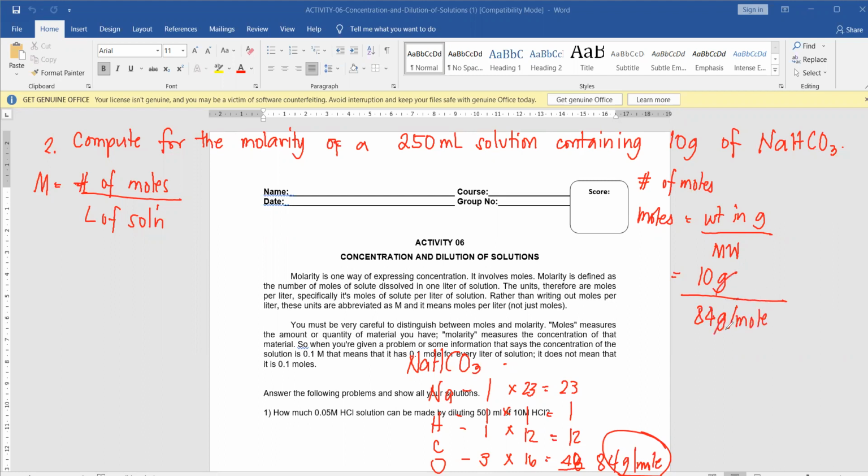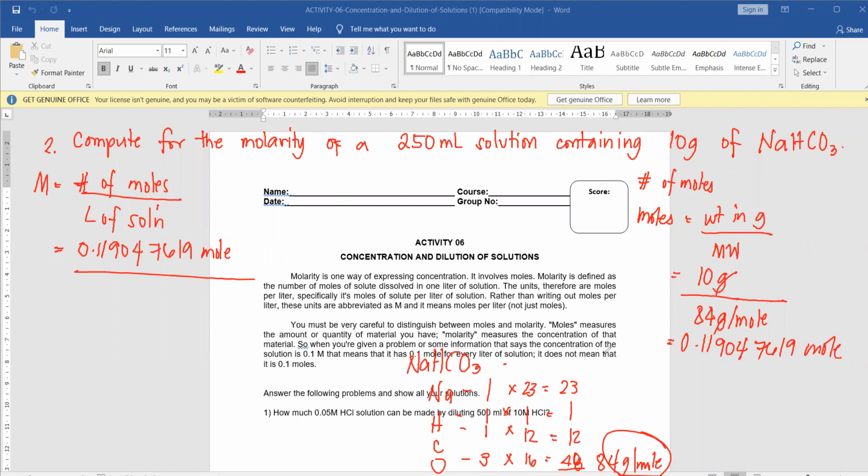Now you can cancel this one. You will be left with the unit mole. So 10 divided by 84 is 0.11904-7619 mole. So yan yung isusulat natin dito, class. 0.11904-7619 moles.